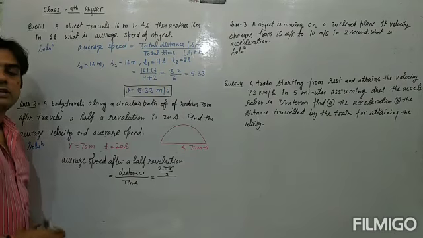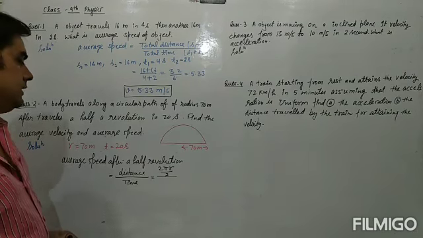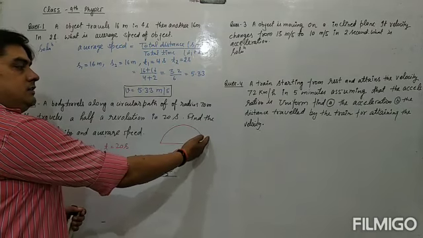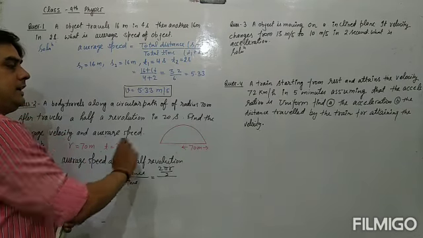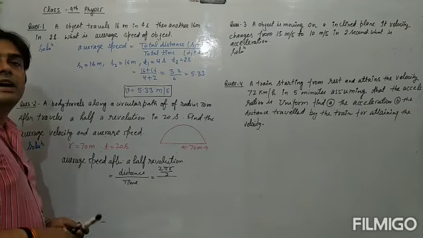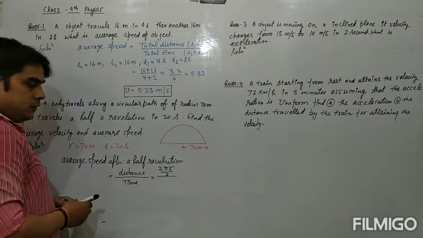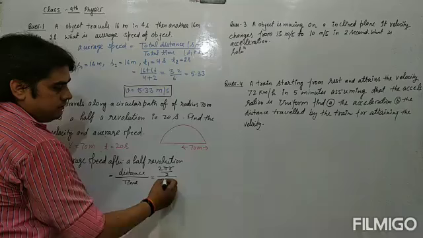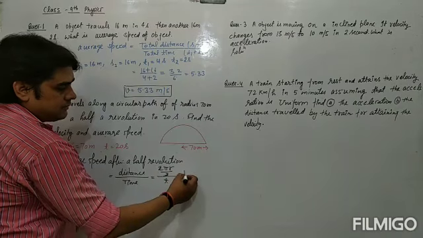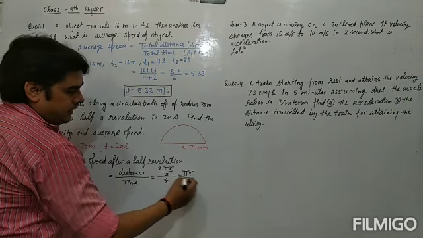When a body moves on a circular path, the distance covered by the particle is equal to half of the circumference. That is equal to 2 pi r by 2 upon time. The 2s cancel out, and this comes out as pi r by t.